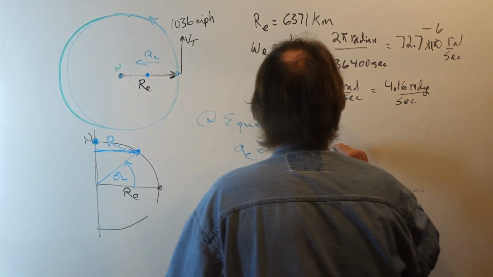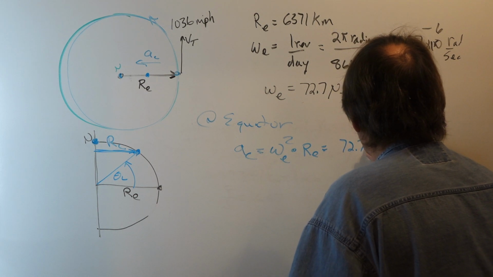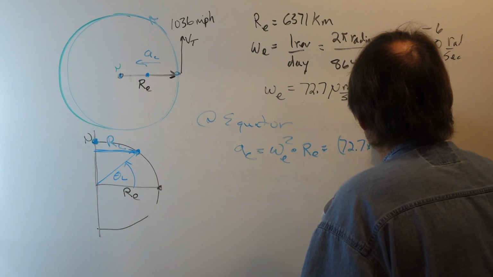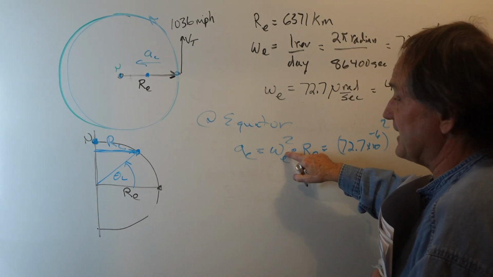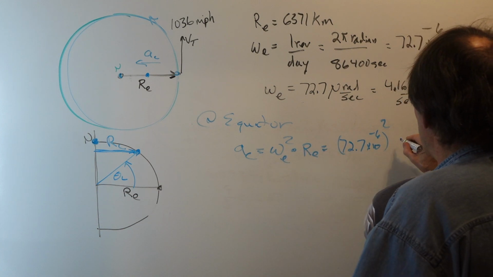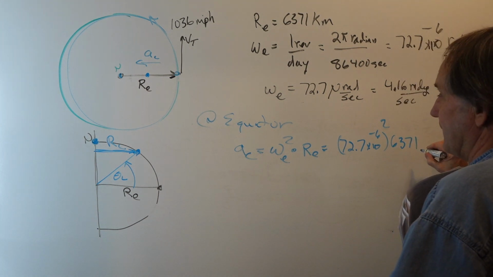Well, if you put in the numbers, you have 72.7 times 10 to the minus 6 radians per second, squared. You have to watch your units. These have to be in radians per second for the omega, and we multiply by the radius of the Earth, 6371 kilometers.